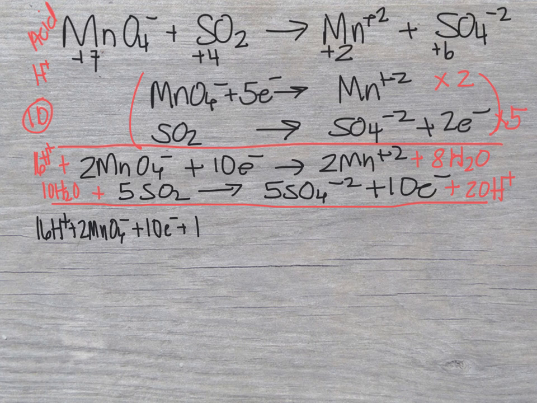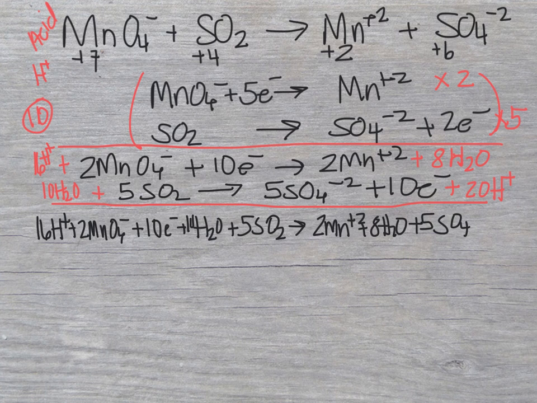The next line down, I have 10 H2O and 5 SO2. On the other side of the arrow, I have 2 Mn plus 2 and 8 H2O, 5 SO4s, 10 electrons, and 20 H pluses.